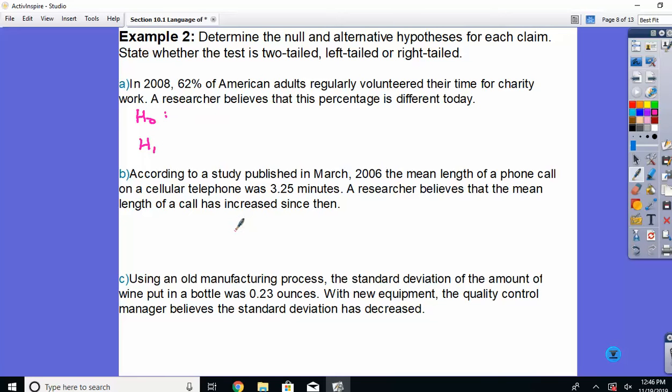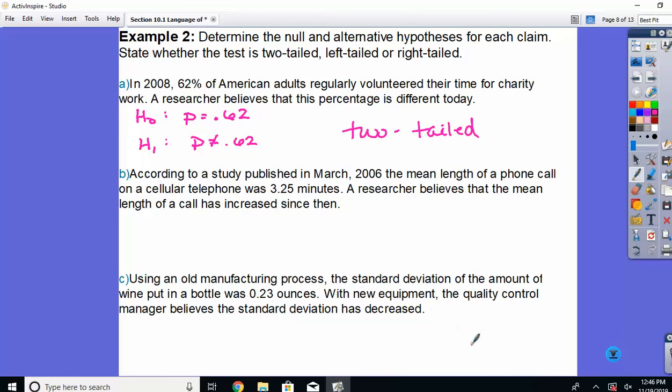So my H sub 0 is like saying my p, my proportion, is 0.62. Alternative, what does the researcher believe? It's different, so that would be saying it is not 0.62. Is that left, right, or two-tailed? Two-tailed.